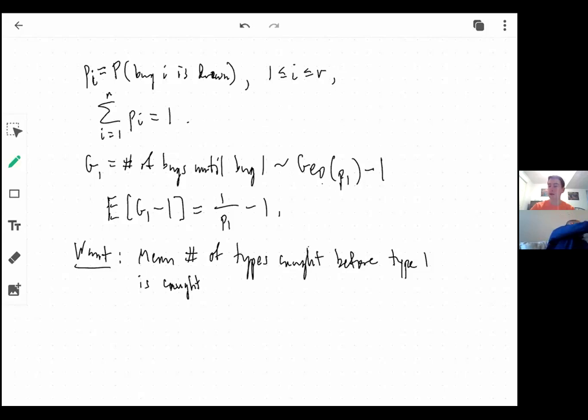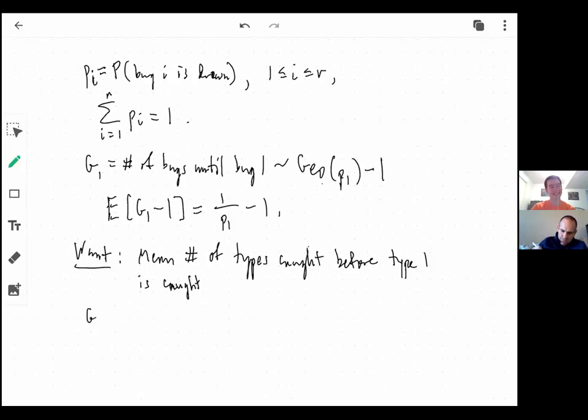Yeah, I define each Y sub i to mean the ith bug was caught before the first type 1. Yeah, I think this is what I was thinking.